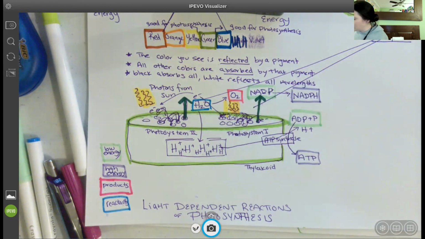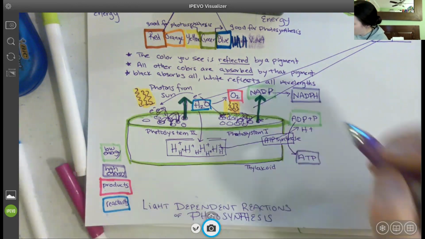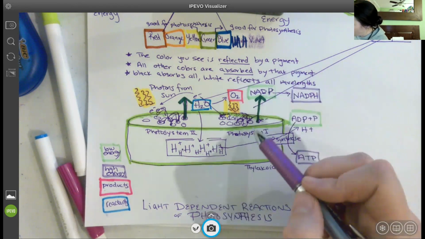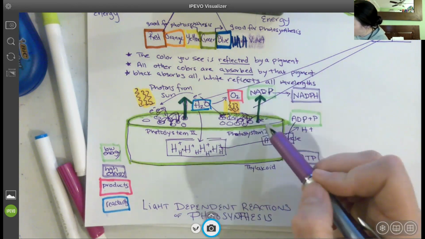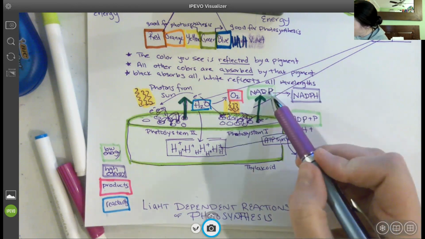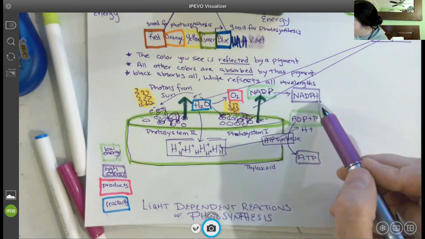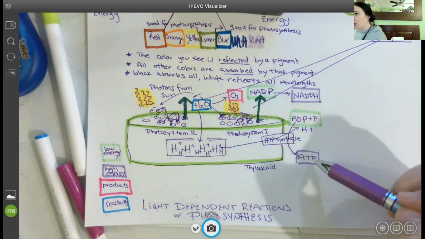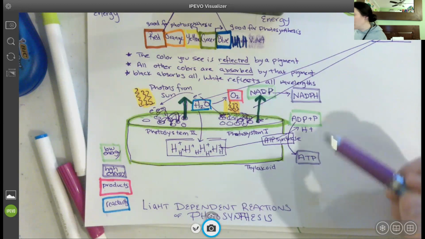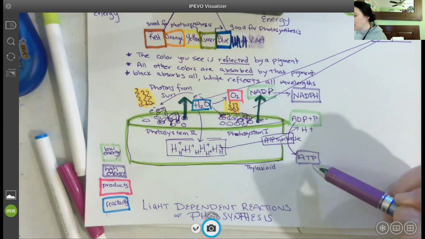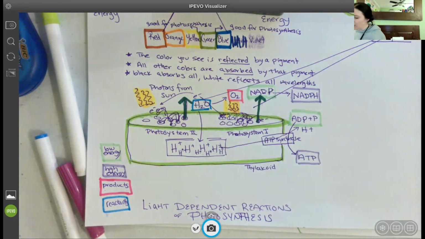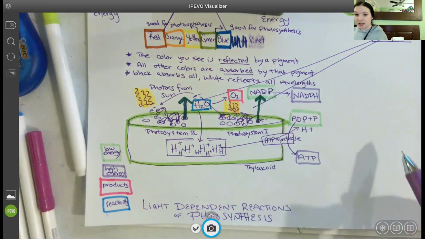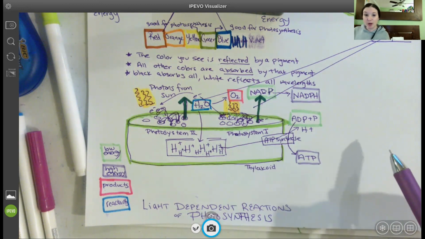And the H's, the hydrogens, actually come from these hydrogens that release here. Photosystem 1 takes the electrons and the hydrogens and sticks them on the end here and makes NADPH. And so ATP and NADPH are both really high energy intermediate molecules. They can't hang around for a long time. They're pretty unstable. But ATP can be used to do cell work. And in the next step, we're going to use it to make carbohydrates.